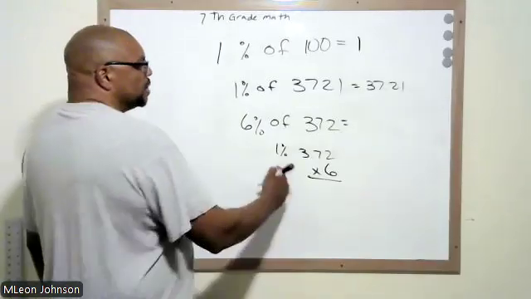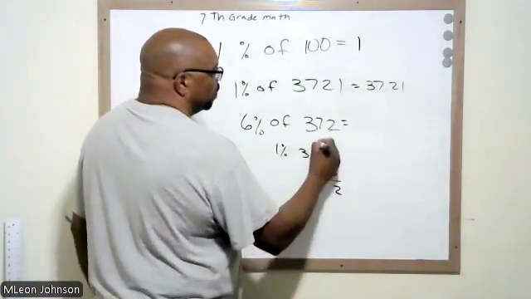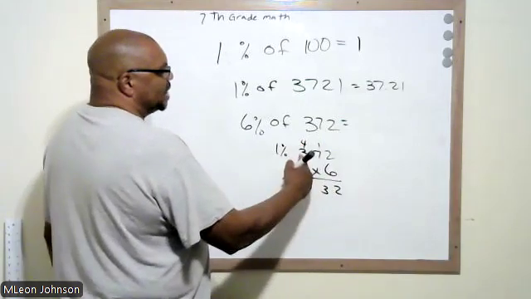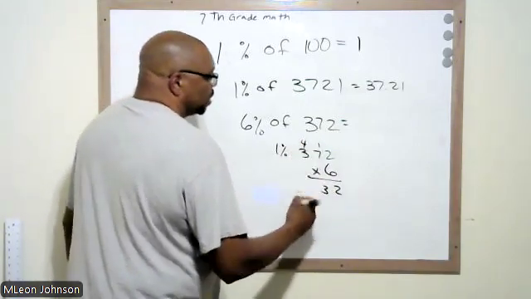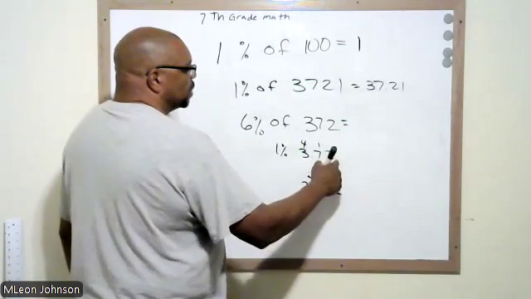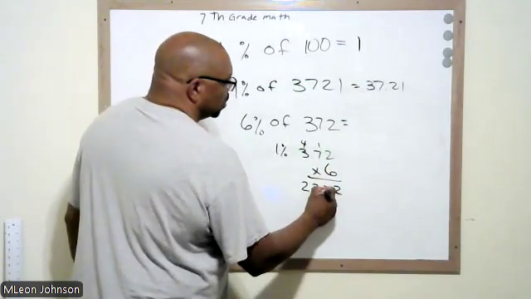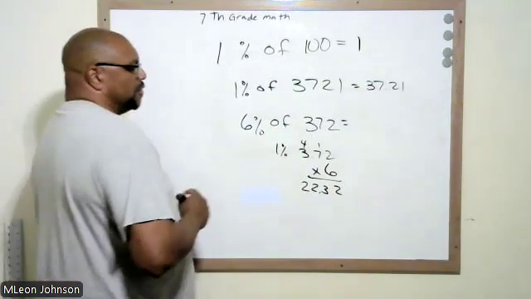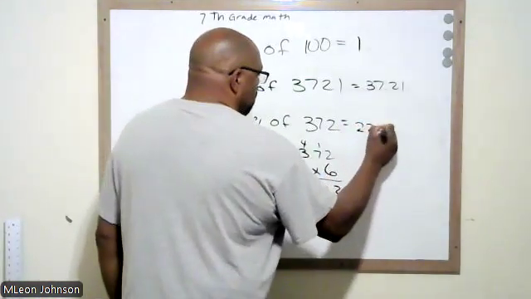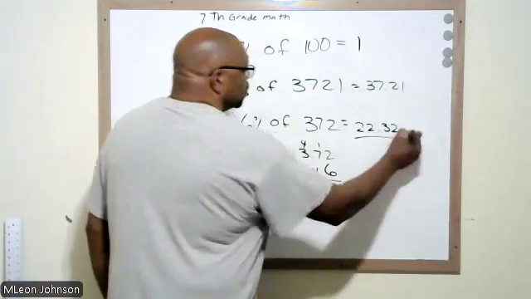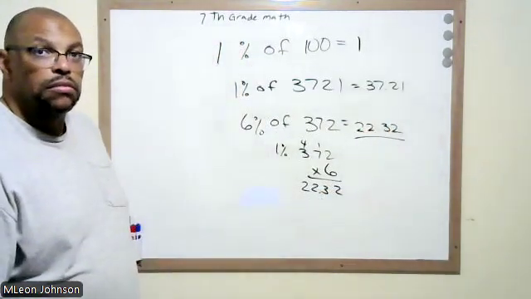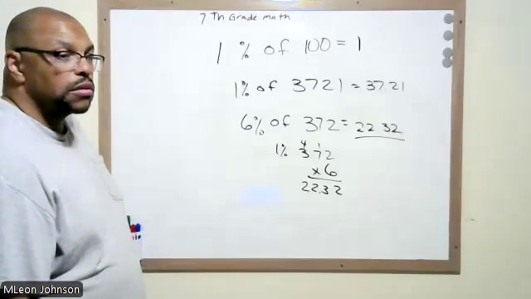So if I multiply this out, I get 12, 42, 43, carry the 4, 18 plus 4 is 22. Decimal place, once, twice. So the answer of 6% of 372 is 22.32. Done. Quite easy.